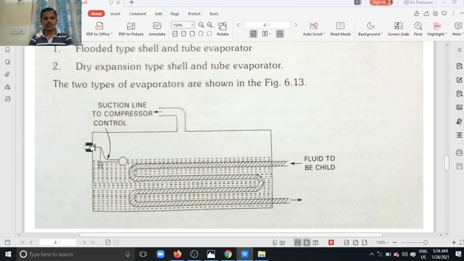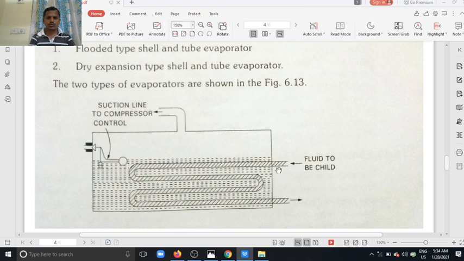With this level float valve, if the refrigerant level is maximum, the opening closes. If the refrigerant level is low, the opening opens. The refrigerant enters into the shell.